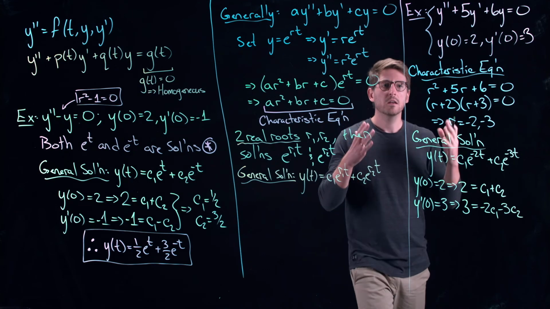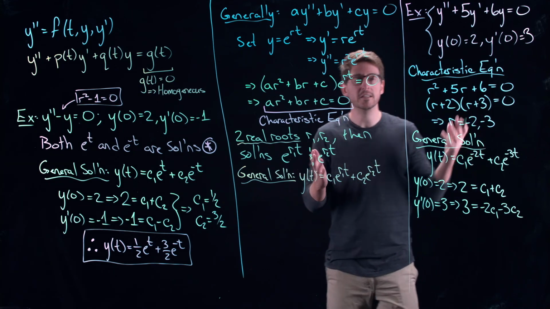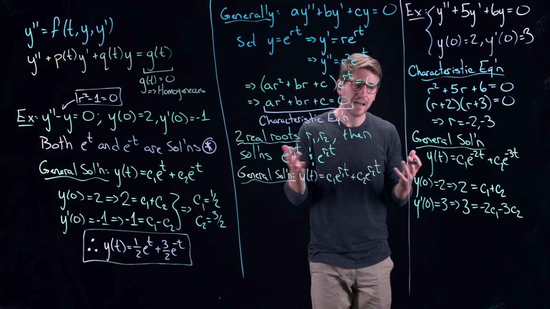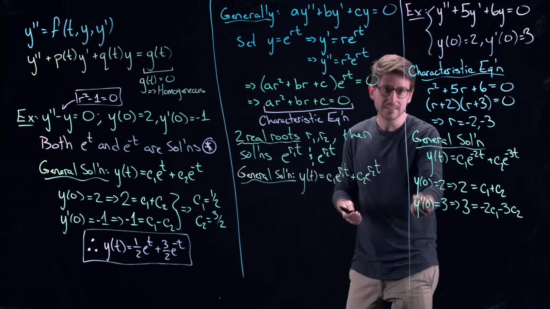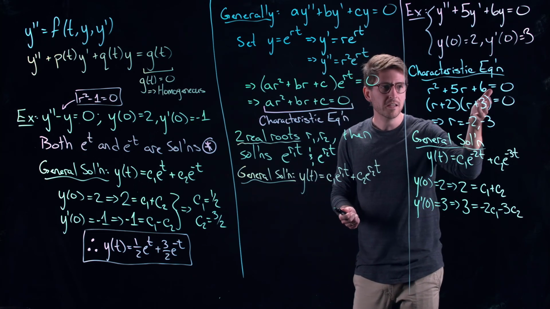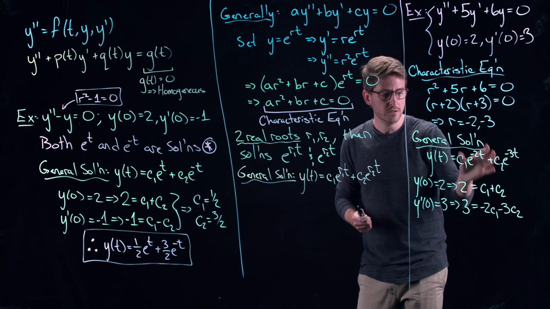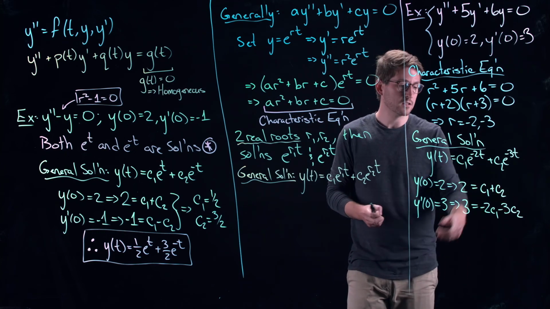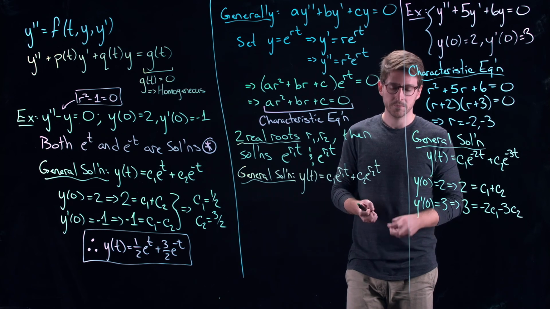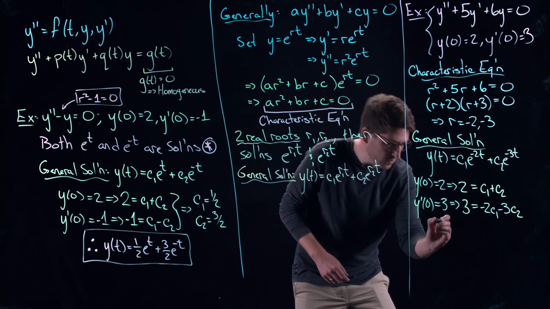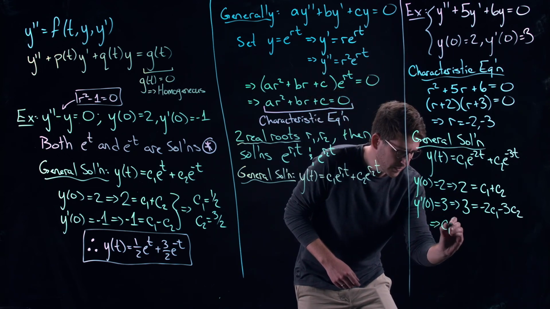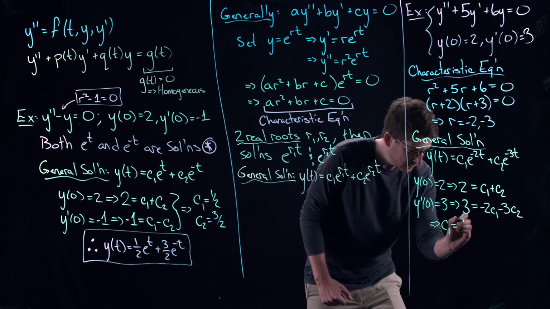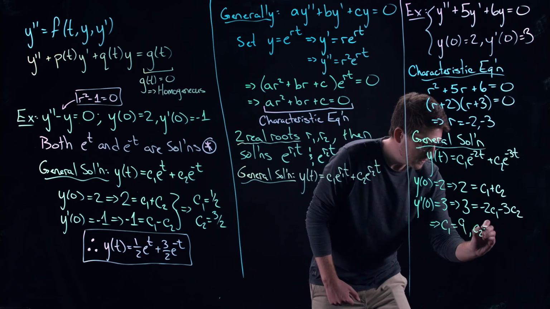Again, think about the relative ease of this. I haven't really had to do much calculus. Technically, I had to take a derivative here. But really, it's solving a quadratic equation and then doing a little bit of linear algebra to find solutions for c1 and c2. So in this case, you can show that c1 is equal to 9 and c2 is equal to minus 7.